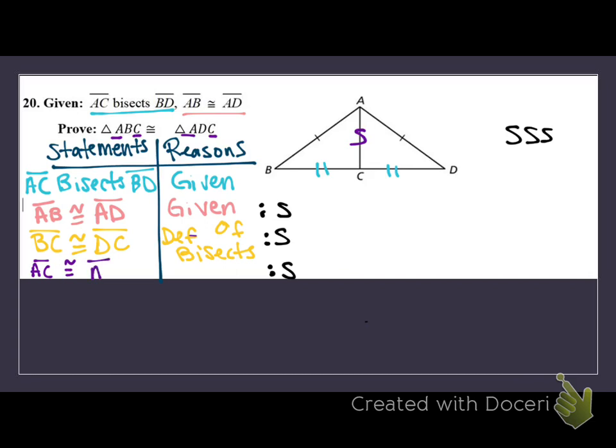So AC is congruent to AC, and then what property is that from? Reflexive property. Running out of room. And then what did I just prove? Correct. Triangle ABC is congruent to triangle ADC, and then our reasoning is side, side, side. Good. Questions, comments, concerns?